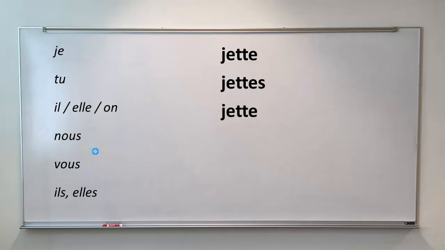Nous. So remember, there was a little rule that the doubling of the consonant happens in all of the forms except for the nous and the vous. So for this one, there will not be a double consonant. So we add our ending, jetons. Nous jetons. For the vous form, we start with our root, so there is no double consonant here, vous jetez.